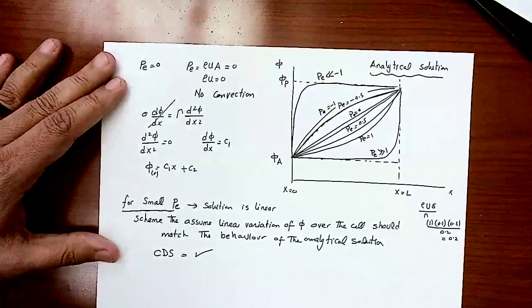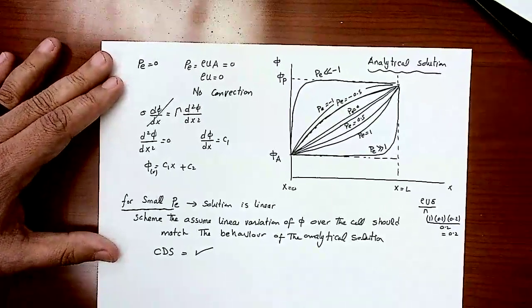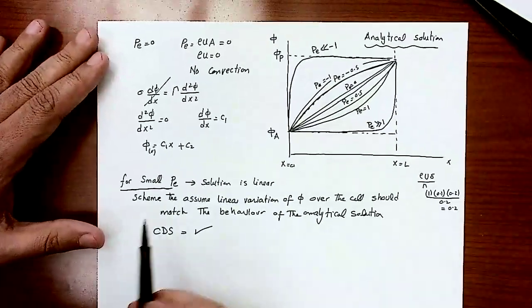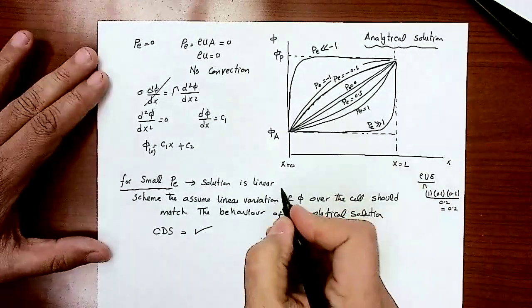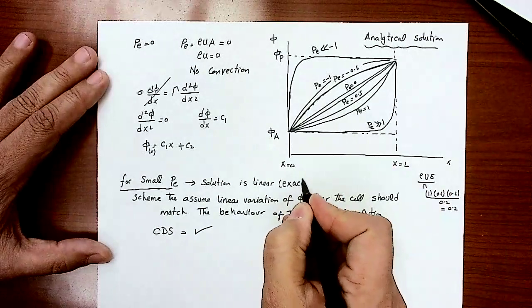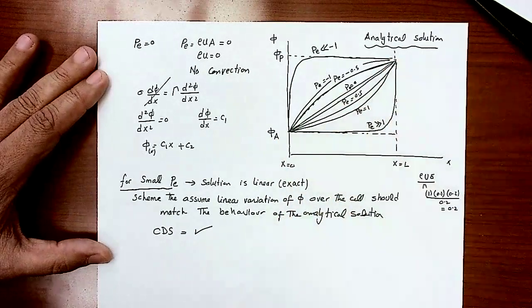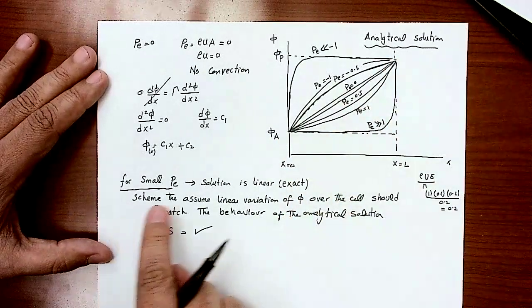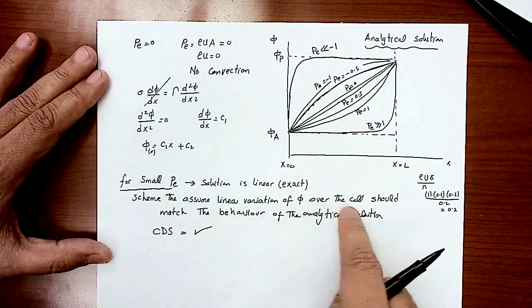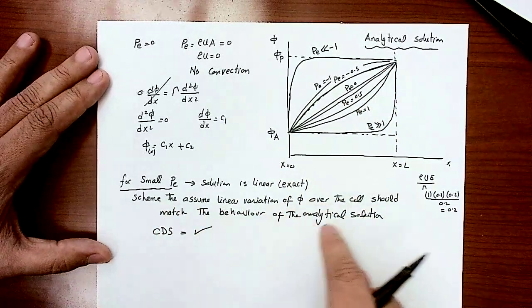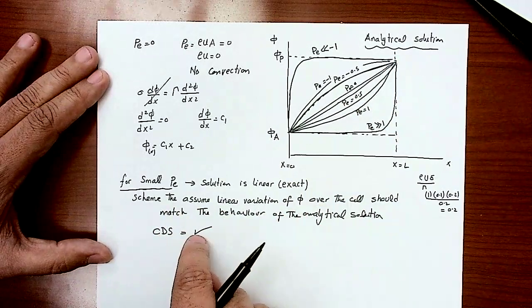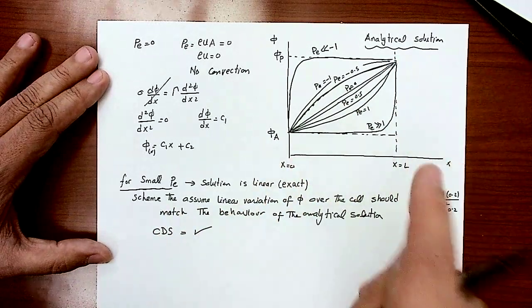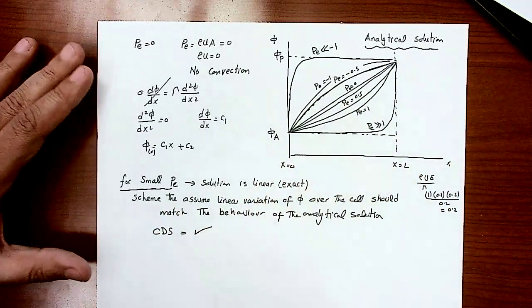So let's go back to the classification of the solution here. For a small Peclet number, the solution is linear. That's the exact solution I'm talking about. And the scheme that assumes linear variation of phi over the cell should match the behavior of the analytical solution. That's why the central differencing scheme was perfectly working and matching exactly the analytical solution here.